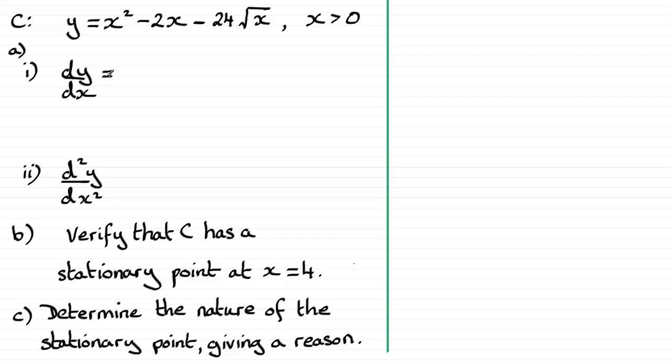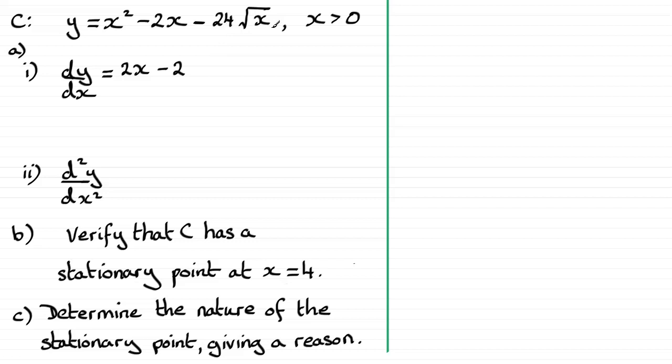For dy by dx, for x squared, just multiply by 2 and reduce the power by 1, so you're going to get 2x. For the next one, minus 2x, that's 2x to the power 1, it's just simply 2 times the 1, which is 2, reduce the power by 1, that's x to the power 0, which is 1.